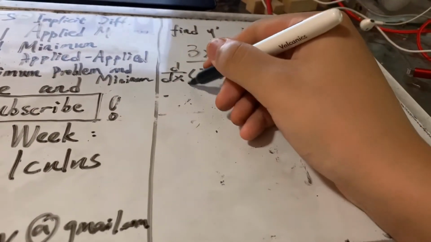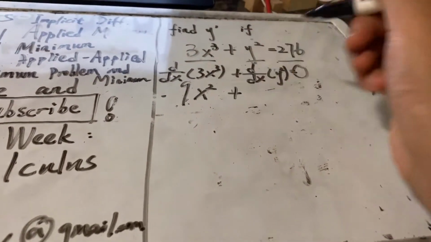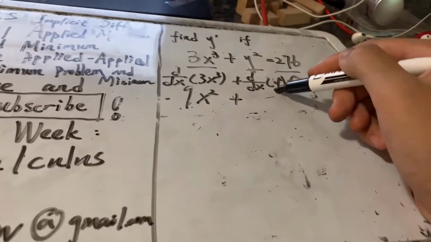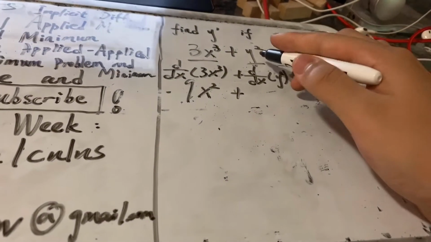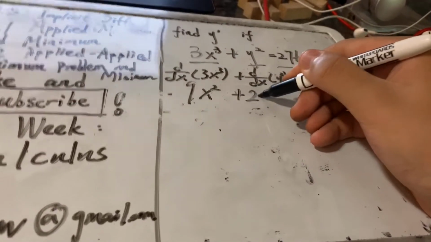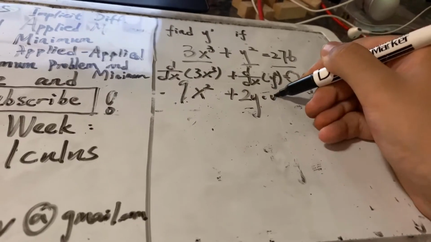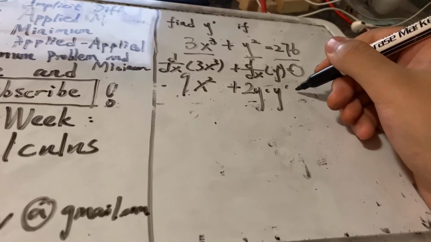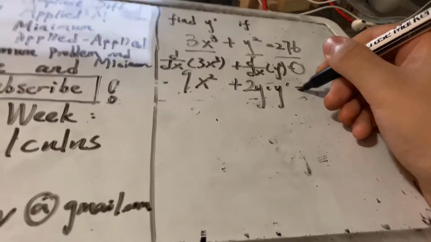Here, you can just do as usual, 9x squared. And here, remember that you need to add a y prime after you have taken the derivative of this. We know that the derivative of this is 2y, and you have to add a y prime after that. The same applies to other variables. And the right side is 0.